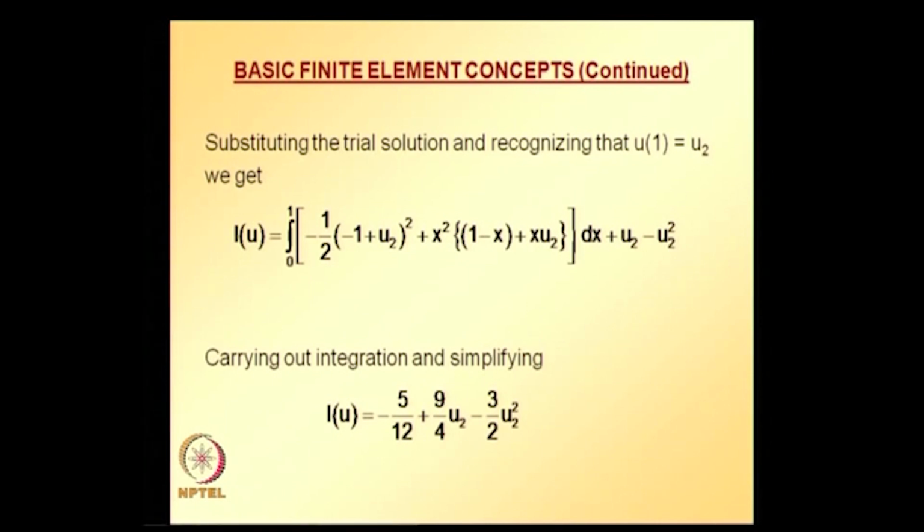And now we need to invoke the condition that the variation of I should be equal to 0, which is possible only when the partial derivative of I with respect to u2, or here, since I is a function of only u2, the derivative of I with respect to u2, should be equal to 0, and that is called the stationarity condition.